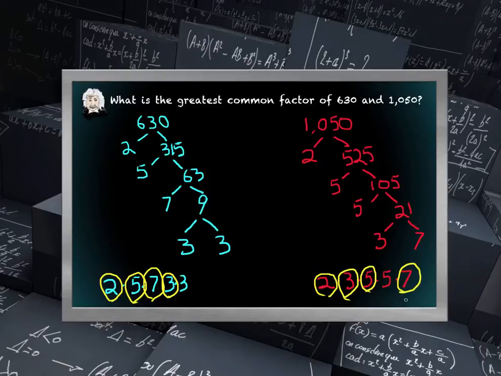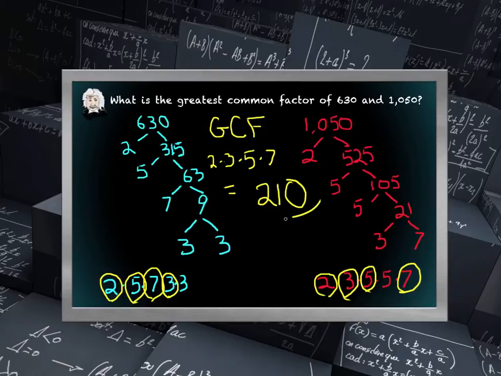So our greatest common factor equals 2 times 3 times 5 times 7. 2 times 3 is 6, 6 times 5 is 30, 30 times 7 equals 210. So our greatest common factor is 210, and that is our solution from the prime factors method.